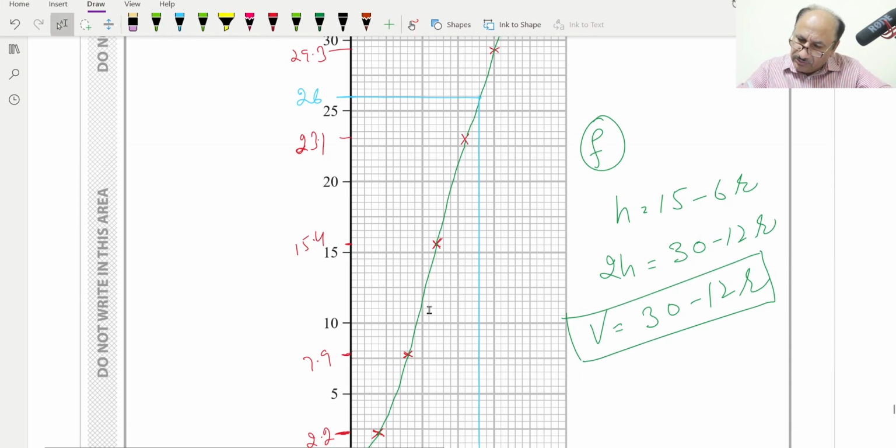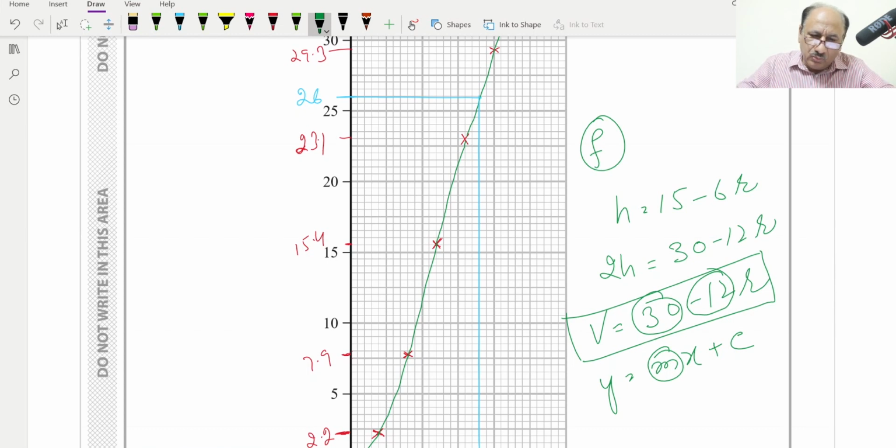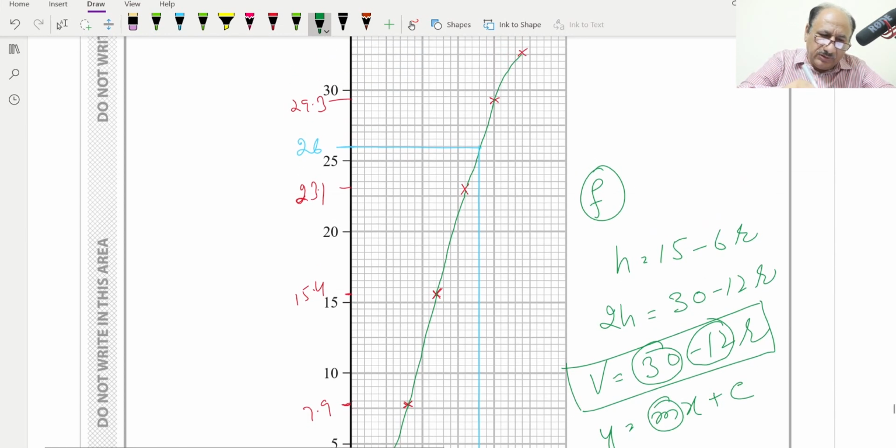And if we write it in y is equal to mx plus c format, the m value is minus 12, and this is the y-intercept. So we can go through this one. I will be indicating the 30 y-intercept over here. This is 30. So our line is passing through this one, and the m value is minus 12. So 12 units will be down, and we can write it as 24 units.